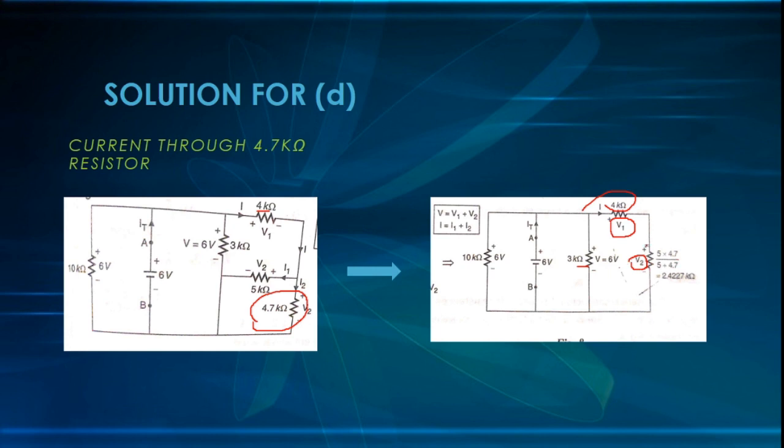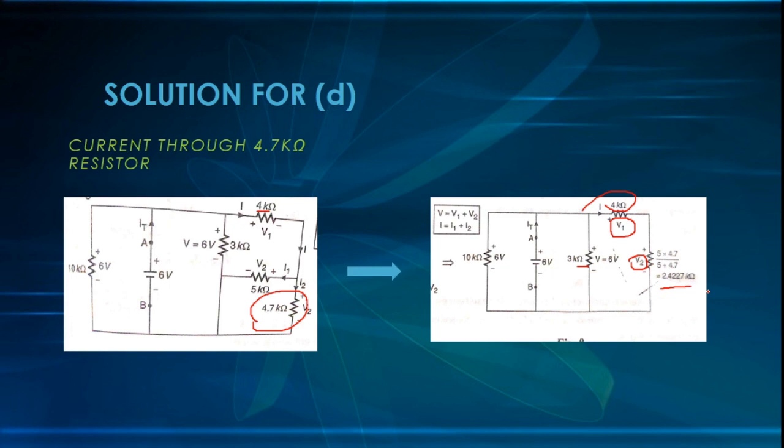And current can be easily found out by using Ohm's law, where I is equal to V by R. So R, I know what is the value of R already. We have the voltage source already, which means I can be found out directly as V divided by R. If current source is given, we can go for the current division rule. But since voltage source is given, we will try to apply voltage division rule, find what is the voltage across this resistance, and then by applying Ohm's law, we will find the current across this particular resistance.